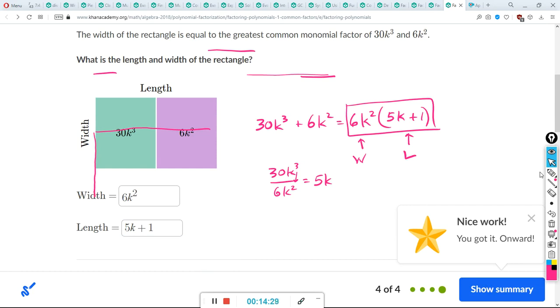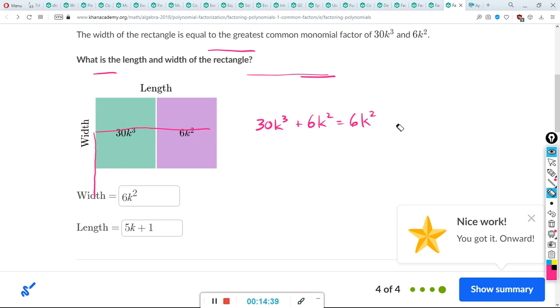And if you like to work backwards, you can do that as well. If I can just show you real quick. Let's say you factored out your 6k squared. And then you do your parentheses.